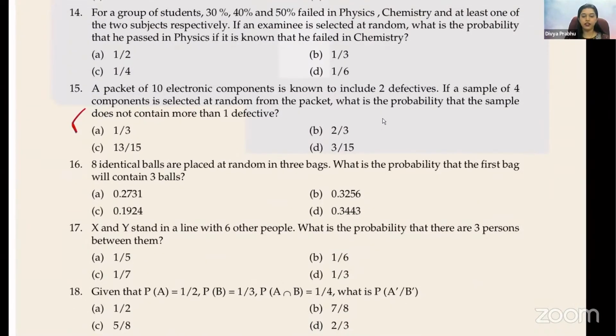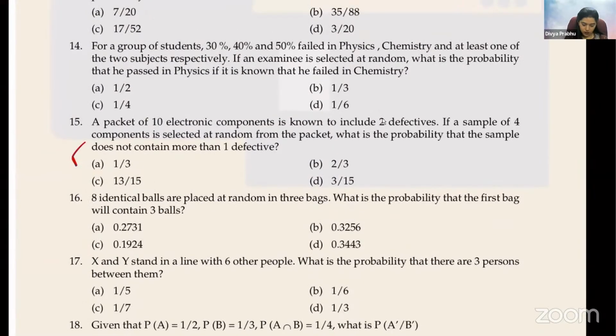Question number 15 from set C. A packet of 10 electronic components is known to include 2 defectives, which means generally a packet of 10 electronic components will have 2 defectives. Now, if a sample of 4 components is selected at random from the packet, what is the probability that the sample does not contain more than 1 defective?